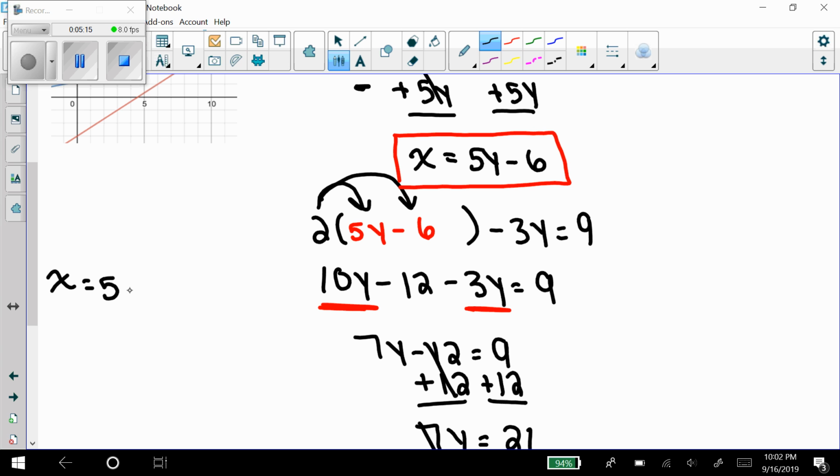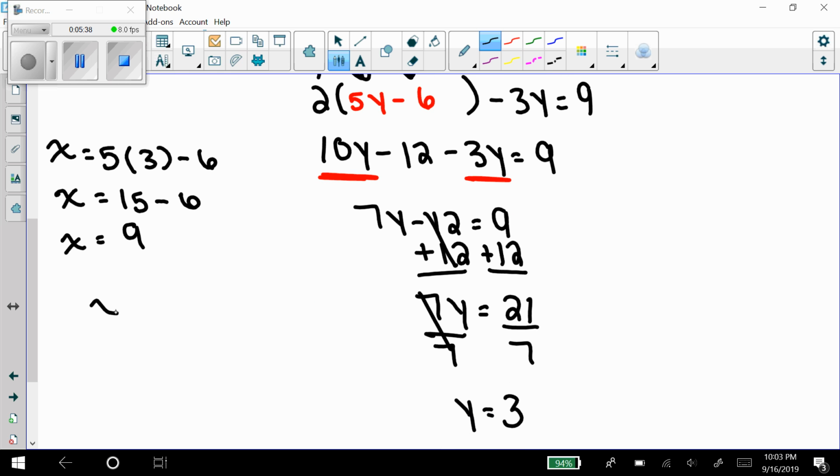So I'm going to substitute y back in. So 5 times 3 minus 6. 5 times 3 is 15 minus 6. So after substituting y into our equation for x, that is in terms of y, I'm left with x equals 9.